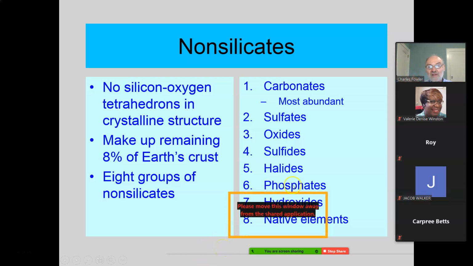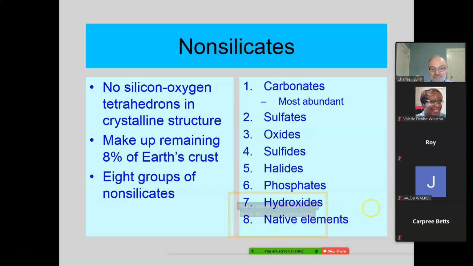Phosphates, a lot like your carbonates and sulfates, is phosphorus with oxygens. Usually a phosphorus and 3 or 4 oxygens around. I think 4 is phosphate and 3 would be phosphites.